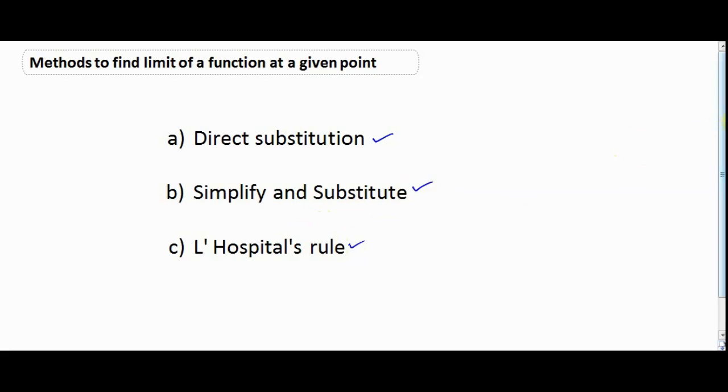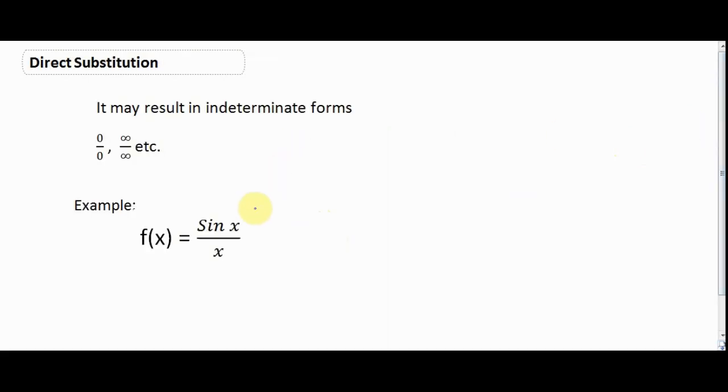At first, we will have a look at direct substitution method. We will discuss this method using an example. Suppose we have a function f of x equal to sin x by x, and if we are asked to calculate limit of this function at x equal to 0. Okay, using direct substitution, what we do is we will substitute the value of x as 0.